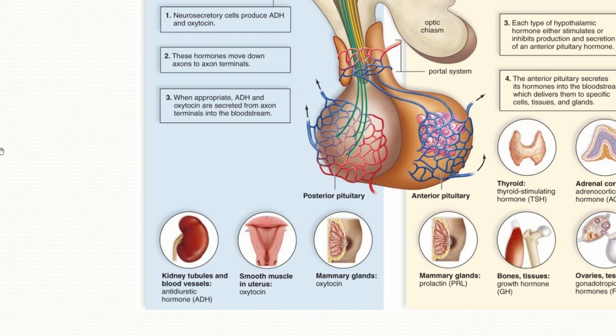And when appropriate, ADH and oxytocin are secreted from axon terminals into the bloodstream. So the kidney tubules and the blood vessels will respond to the antidiuretic hormone, which helps to retain water. The smooth muscle in the uterus will react to oxytocin, which will cause contractions during labor, and the mammary glands will respond to oxytocin, which will stimulate lactation.